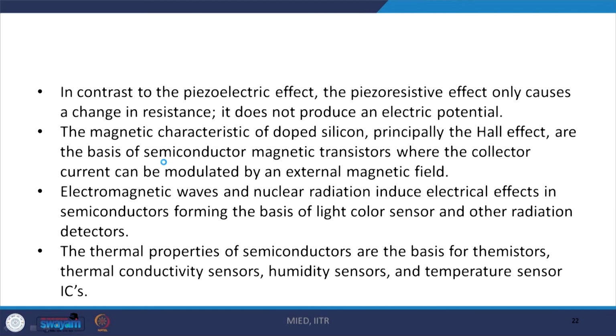Electromagnetic waves and nuclear radiation induce electrical effects in semiconductors, forming the basis of the light color sensor and other radiation detectors. The thermal properties of semiconductors are the basis of sensors such as thermistors, thermal conductivity sensors, humidity sensors, as well as temperature sensor ICs.